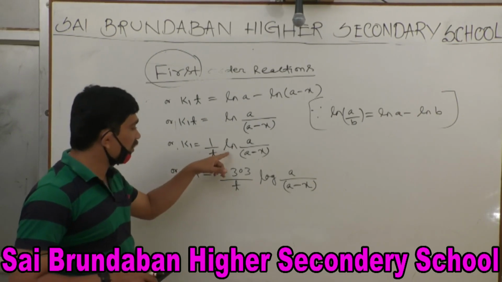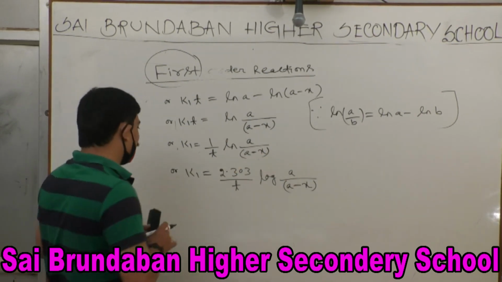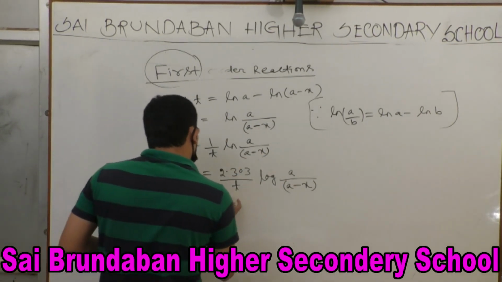Clear? So K1 equal to 2.303 by t log of A by A minus X.